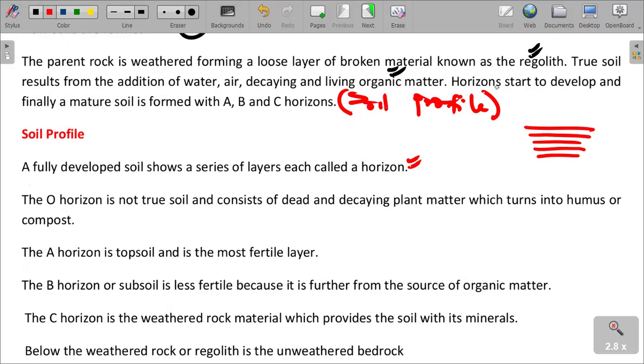Therefore, we have to look at the vertical arrangement of soil profiles from top to bottom, which has the parent rock at the last. We are just going to look at the soil profile.